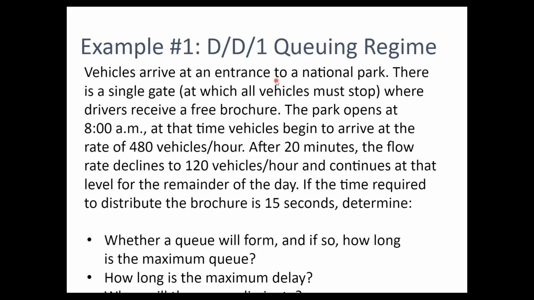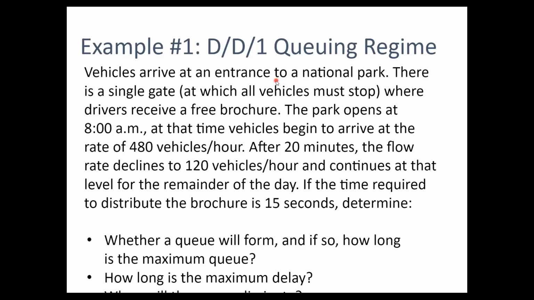Anyway, so DD1 queuing regime. We're talking about how to analyze the delays at a location. This is the entrance to a national park. There is a single gate where each driver receives a free brochure. The park opens at 8 a.m. and at that time, vehicles begin to arrive at the rate of 480 vehicles per hour. After 20 minutes, the flow rate declines to 120 vehicles per hour and continues at that level for the remainder of the day.